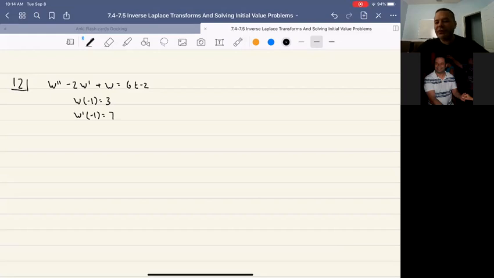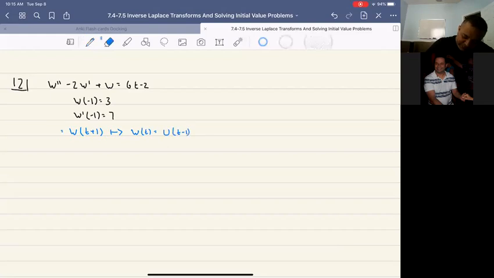Now our Laplace transform usually has the initial conditions at 0. So all we have to do here is make a quick substitution. Say u equals w of t plus 1. That translates back to w of t equals u of t minus 1.